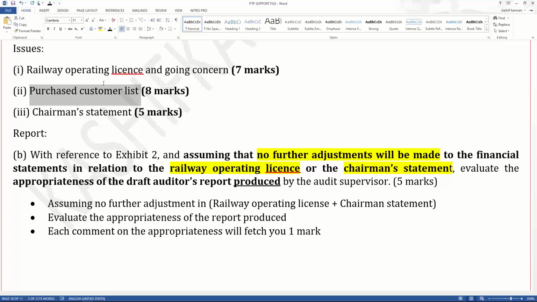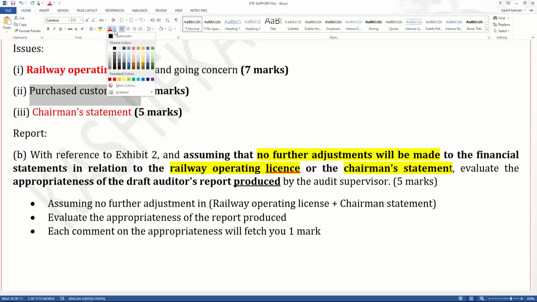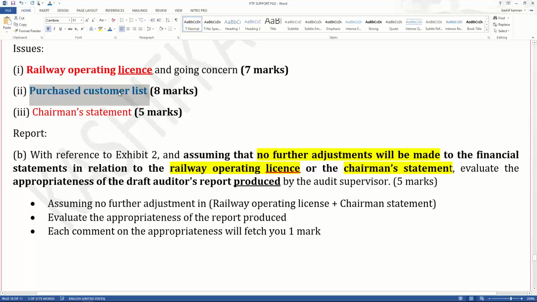So there are two areas, the railway operating license and the chairman statement, where the management disagrees with the auditor. But there is the purchased customer list where the management agreed with the auditor, or the auditor agreed with the management. At least both are on the same page. Do you agree with me?